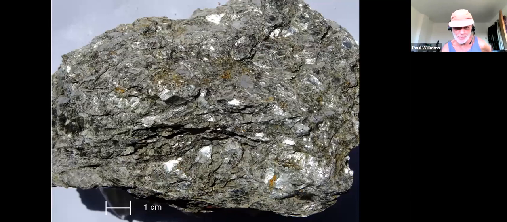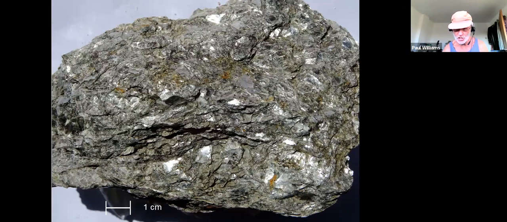There's a typical metamorphic rock. There's your scale bar. That's a centimetre scale along there. And all these are plates, flakes of white mica glistening in the light. And that, you would call a mica schist.